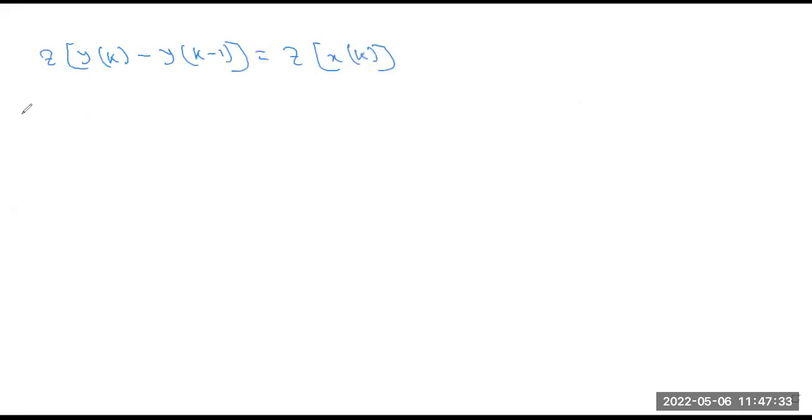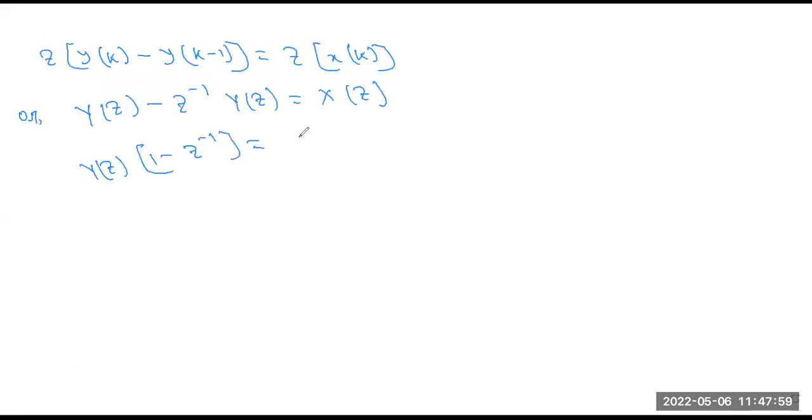Now we have to write these equations, that is y of z minus z inverse y of z. This is also x. Now y of z is common from here, that is the rest of the part 1 minus z inverse is equal to x of z.